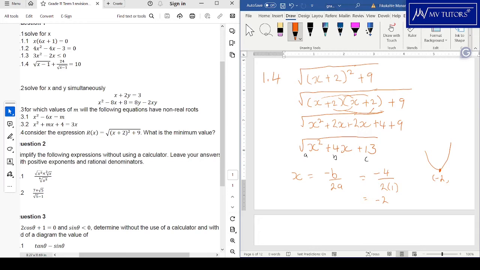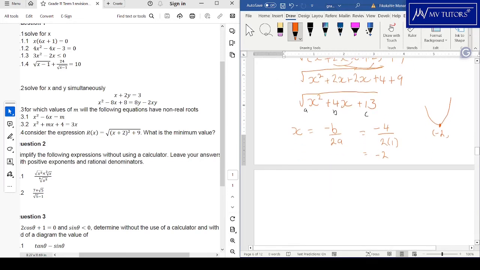So we're just going to simply put that in an equation. I've got a square root, x squared, that's minus 2 squared plus 2, oh no, it's 4, plus, I'm looking at this one, 4 times x, which is minus 2, plus 13.